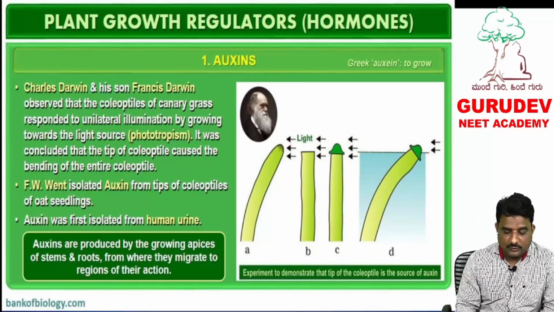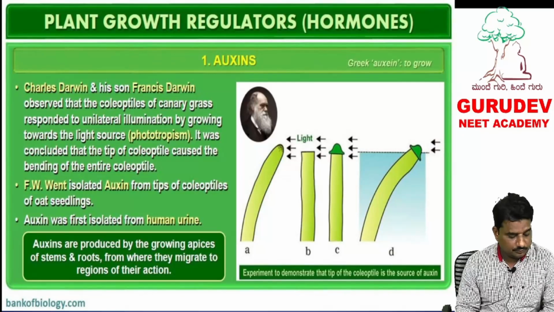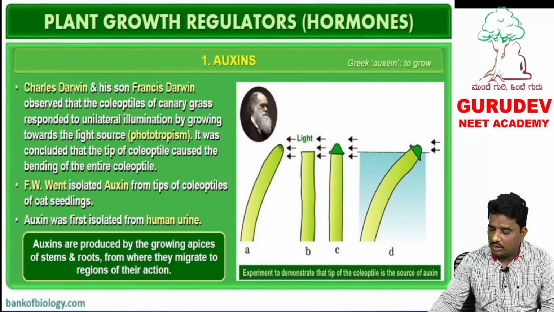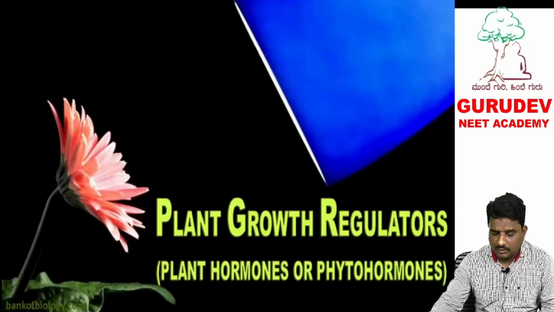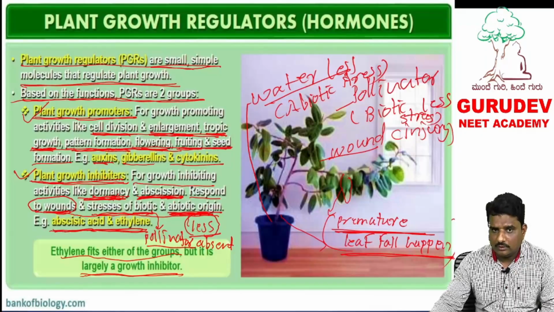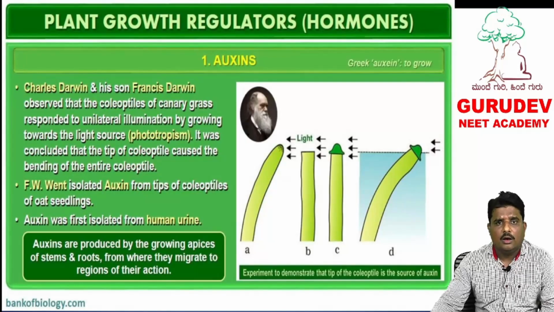Now, the first hormone we have to learn. What is the name of that hormone? It is called auxin.